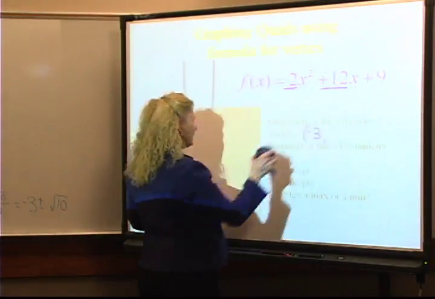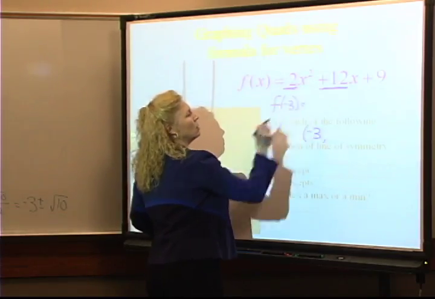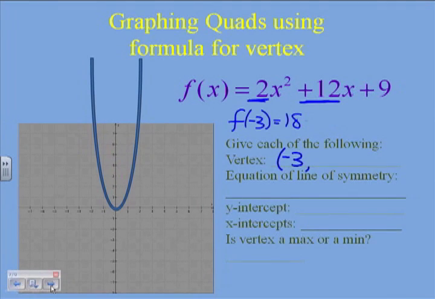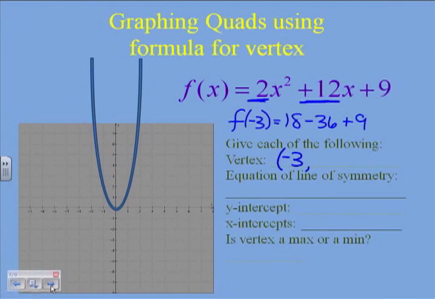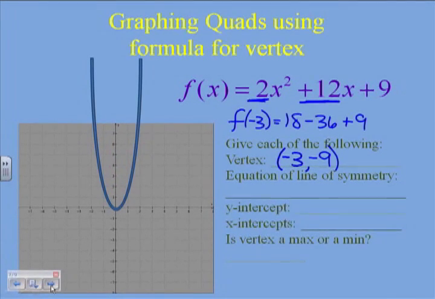If we're going to put in a negative 3, we'd have 18 minus 36 plus 9, and I think that's a negative 9. I didn't mean for those to come out to be about the same spot, but they did. They're coming out real close in the same location. My line of symmetry would be x equals negative 3.